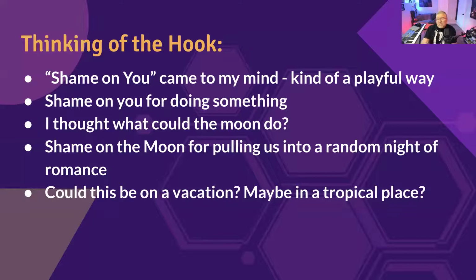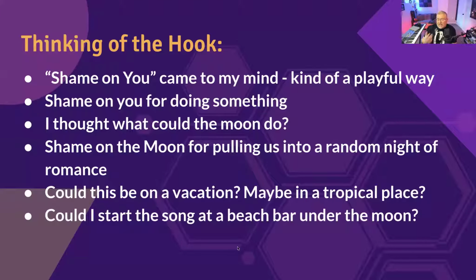How you become less cliche is you use more sense-based detail that's original to your way of thinking. Then I thought, if it's on vacation, could I get more specific and start the song at a beach bar under the moon? So I started thinking about sand and a full moon and getting those ideas in my head.